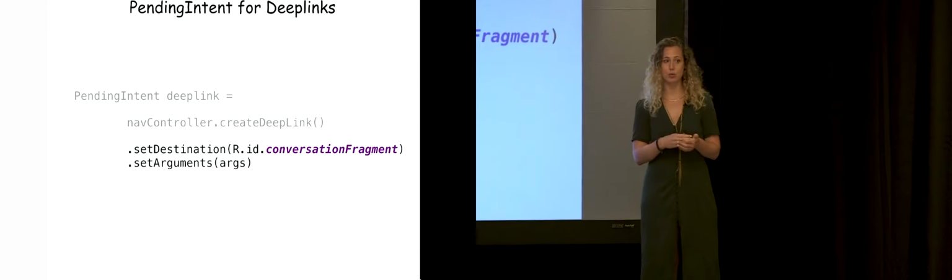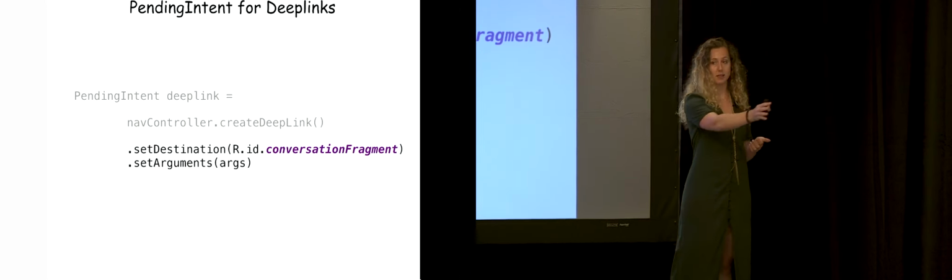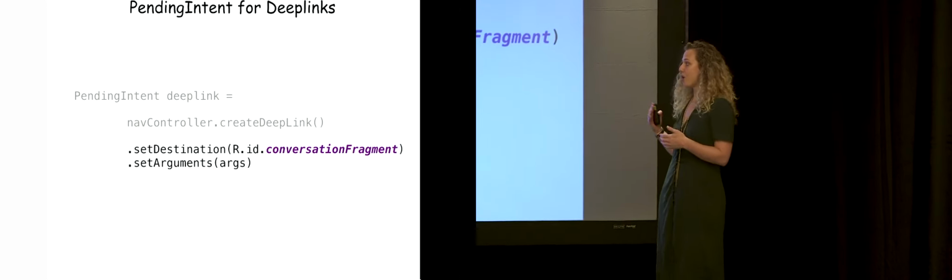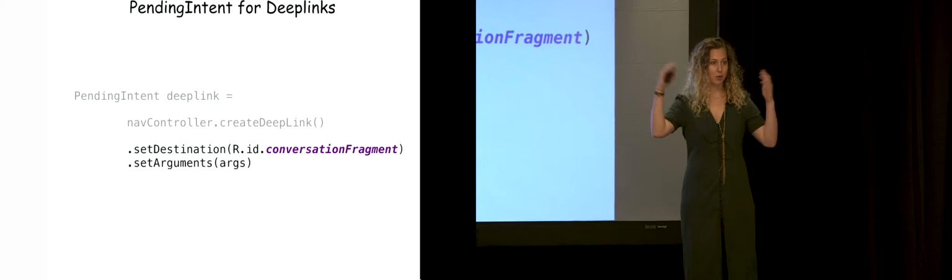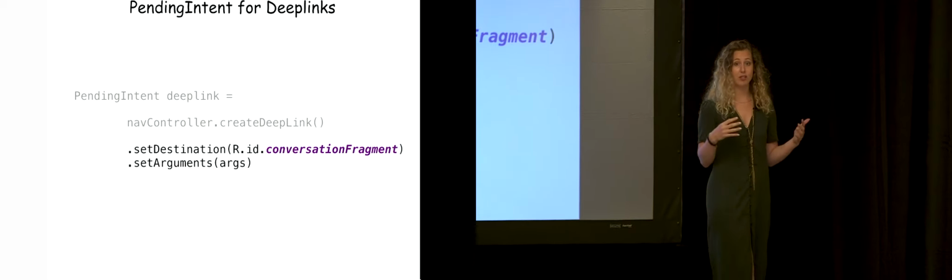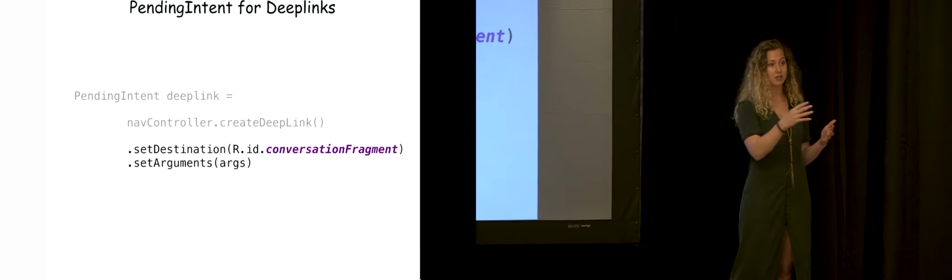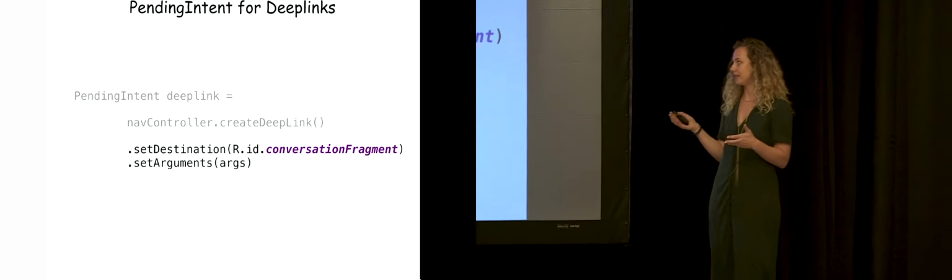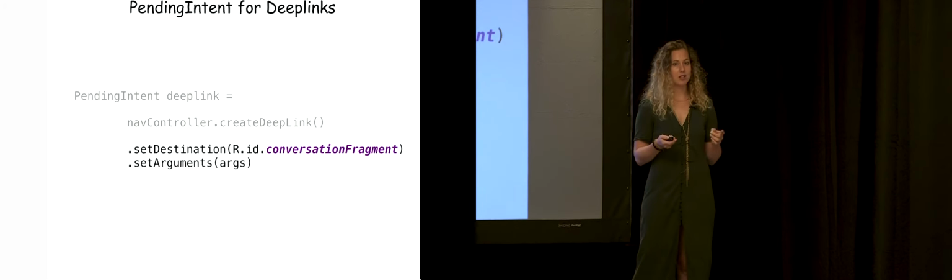After we create this pending intent, we can set a destination, so tell it, OK, go to this place. We can also add the arguments, so we can create the arguments, the conversation list, and everything that we want, and add them to the pending intent. So the destination is the conversation fragment. It's a fragment, not an activity.